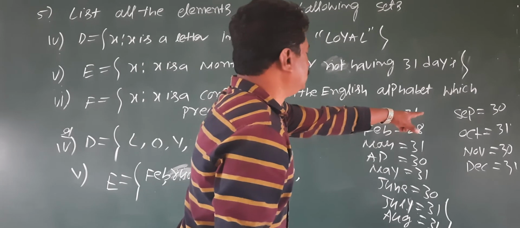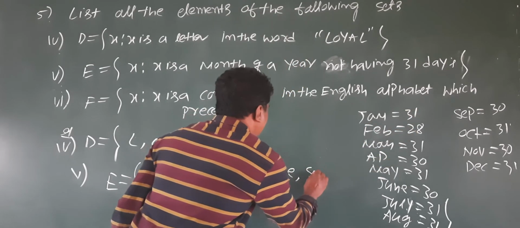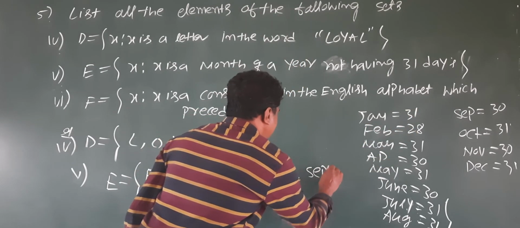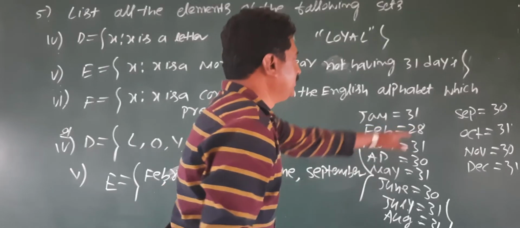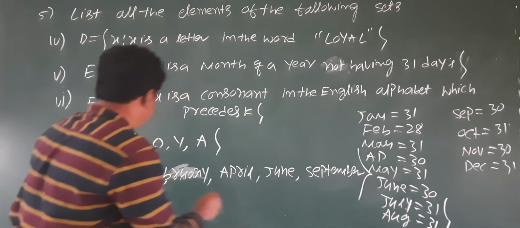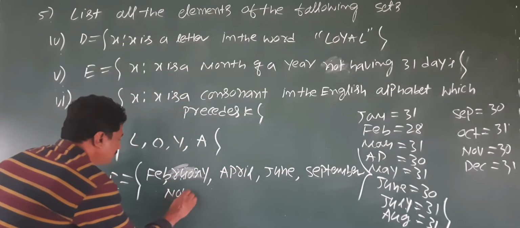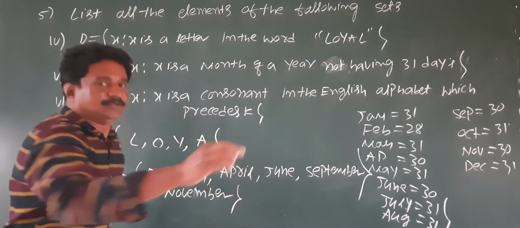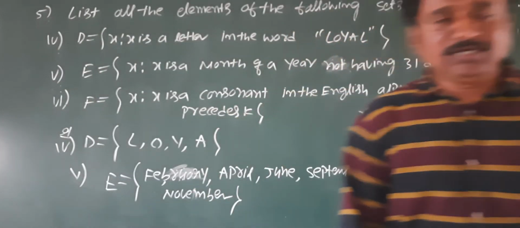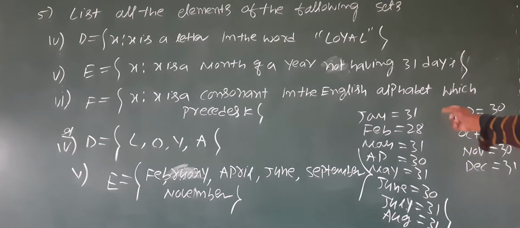Next September. Next November. So these are the months which do not have 31 days.